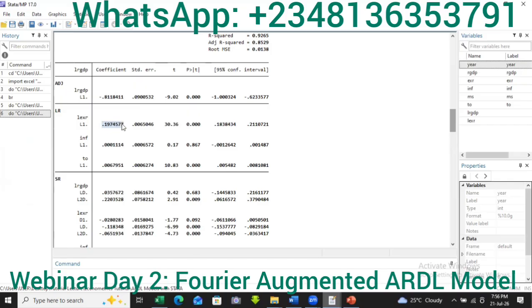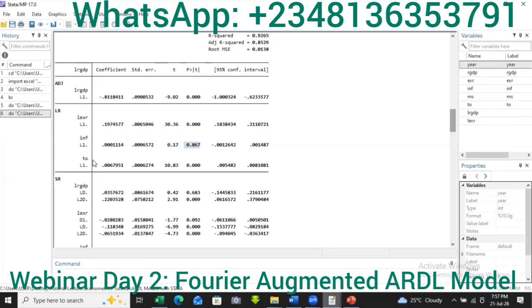That's what it means. And for inflation, the coefficient is not significant. Although the coefficient shows that it has a positive impact on real GDP, it's not significant. Because it's not significant, we are not going to talk about the magnitude.